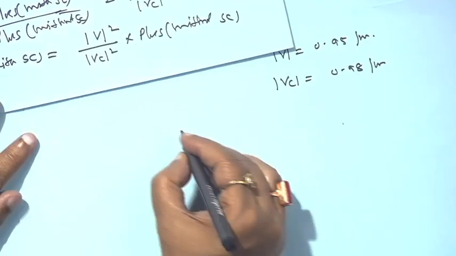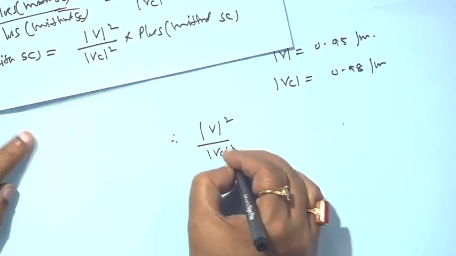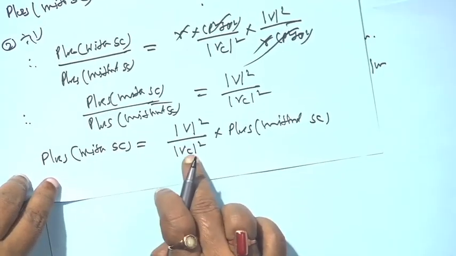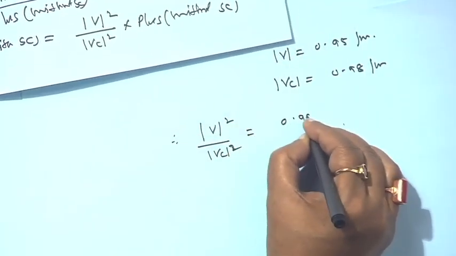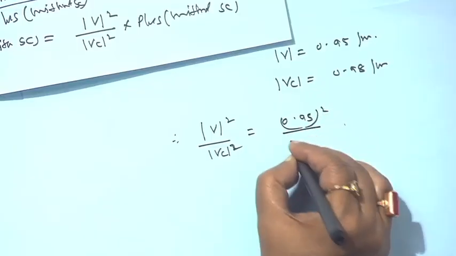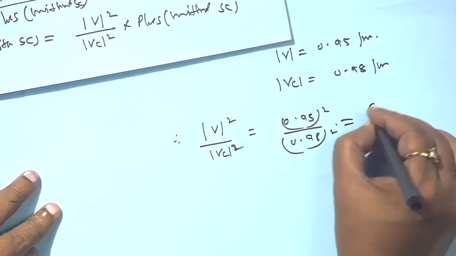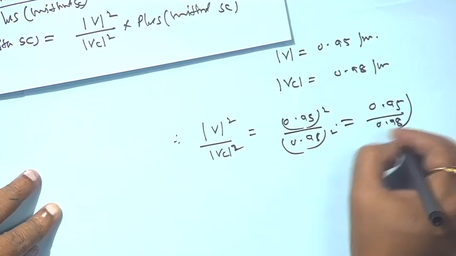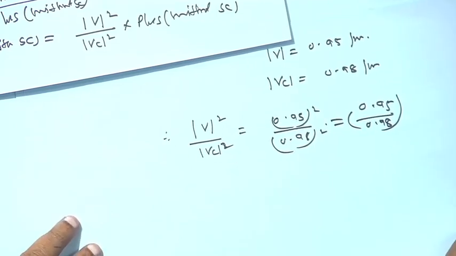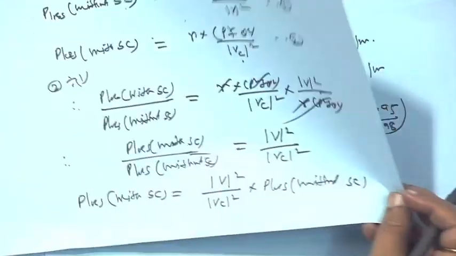That means V square upon Vc square, from this equation, will be 0.95 square divided by 0.98 square. So that is 0.95 by 0.98.